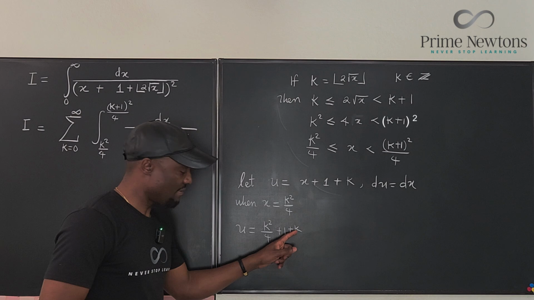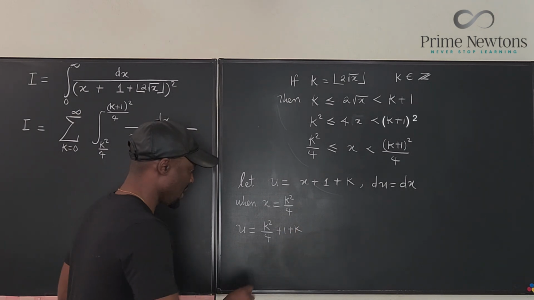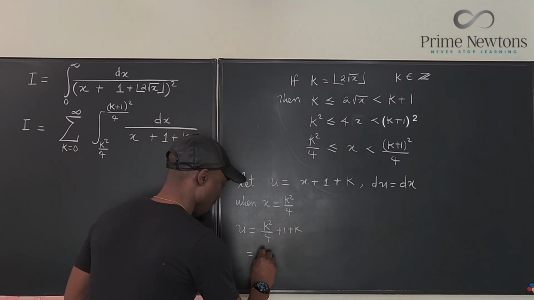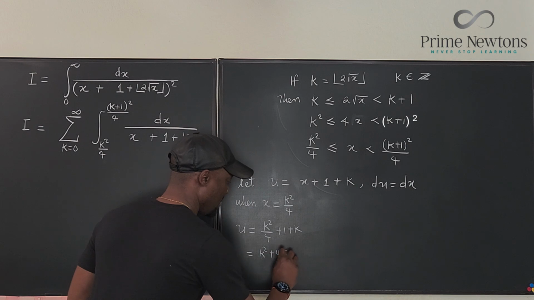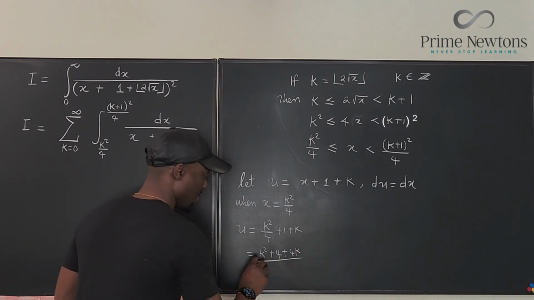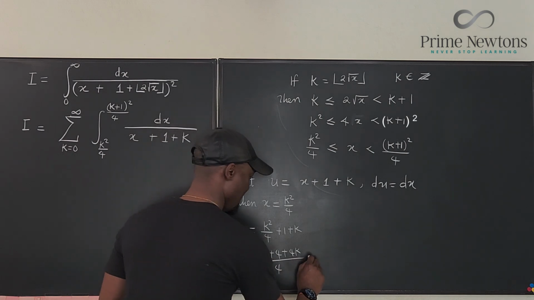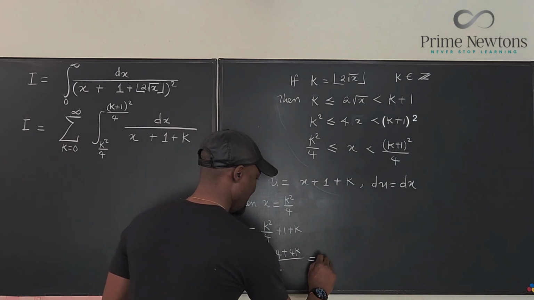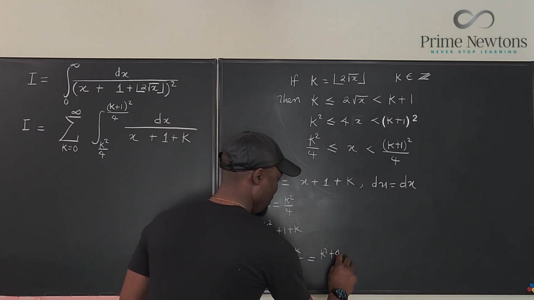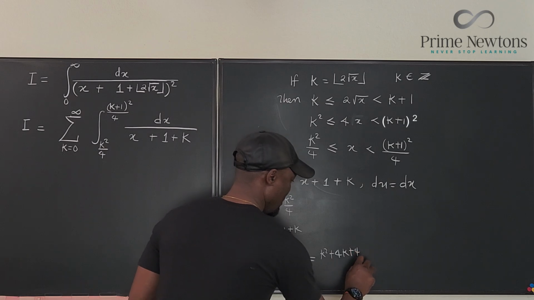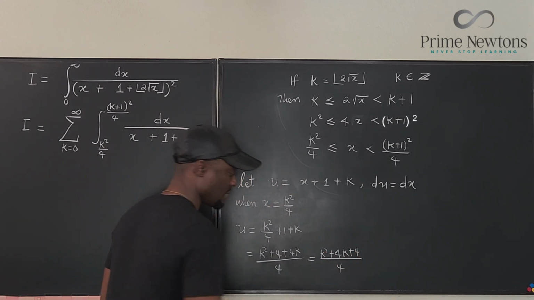Well, if I multiply everything by 4 and divide by 4, this is going to be k squared plus 4 plus 4k over 4. Well, if you look closely at this, this is the same thing as k squared plus 4k plus 4 all over 4.